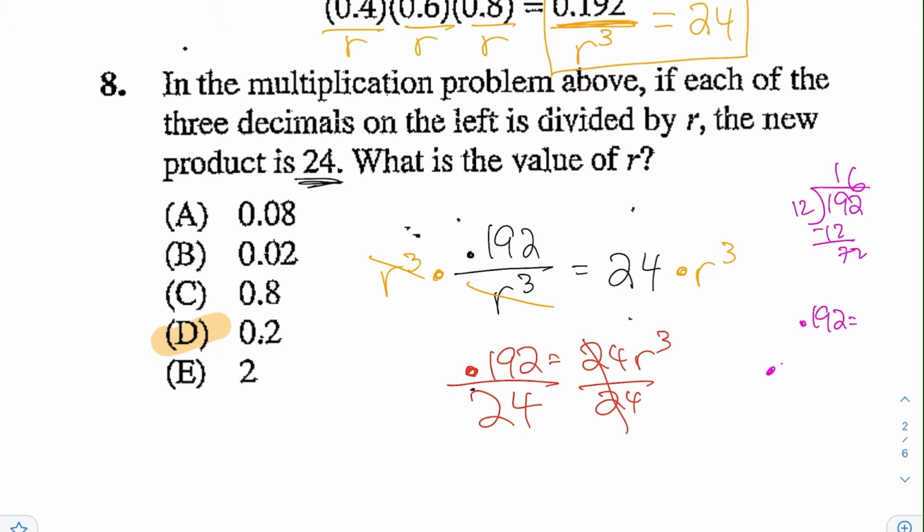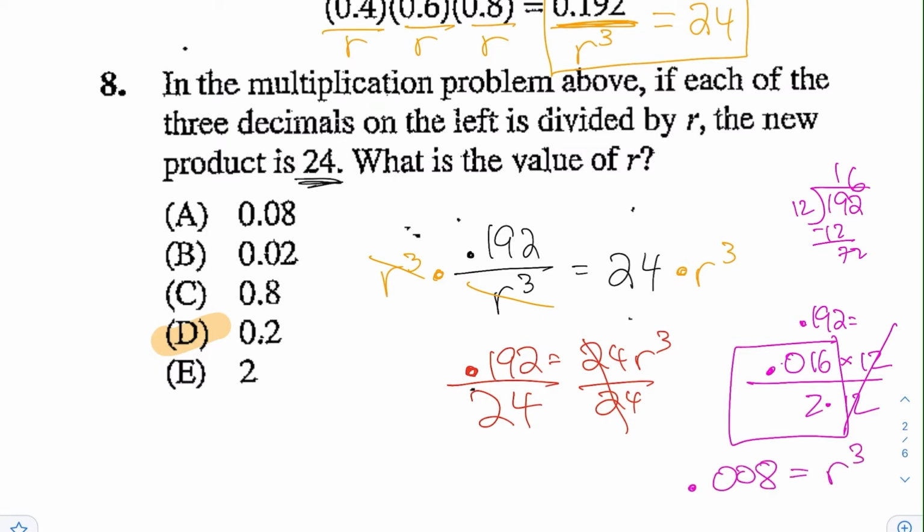So you can write this as 0.016 times 12, divided by 2 times 12. The 12s will cancel out. And 0.016 divided by 2 is equal to 0.008. And that's equal to r cubed.